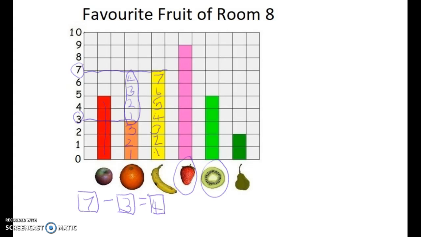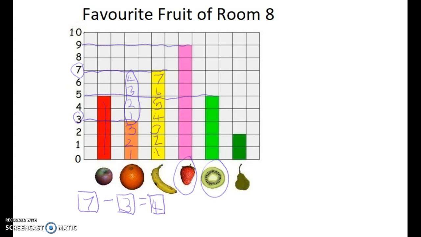Now I'm going to use the quicker method, and I'm going to put my finger on the top of the bar and follow the line along to the number, and I know that 9 people liked strawberries. If you got 9, well done. And if you got 5 for the number of people who chose kiwi fruit, ka pai.